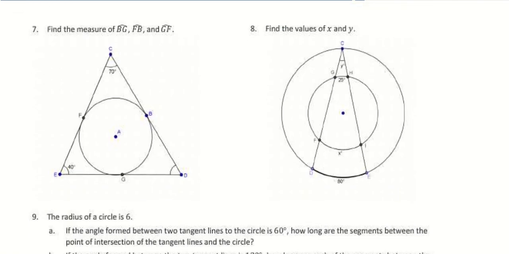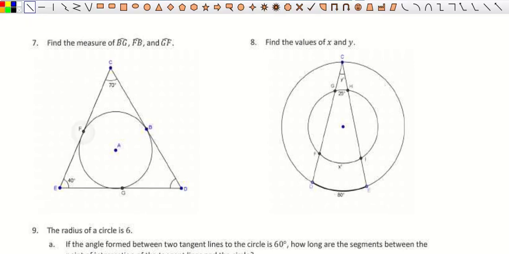So for number 7, you're actually going to need to draw in these triangles. I'm going to need to draw the lines FB, BG, and GF. Now, if you remember, the key thing why we're drawing them is because I'm now creating these triangles out here, and these triangles are actually using the hat rule.